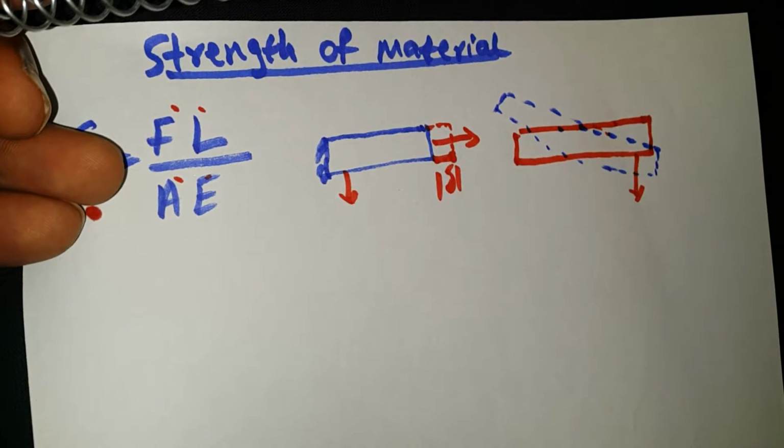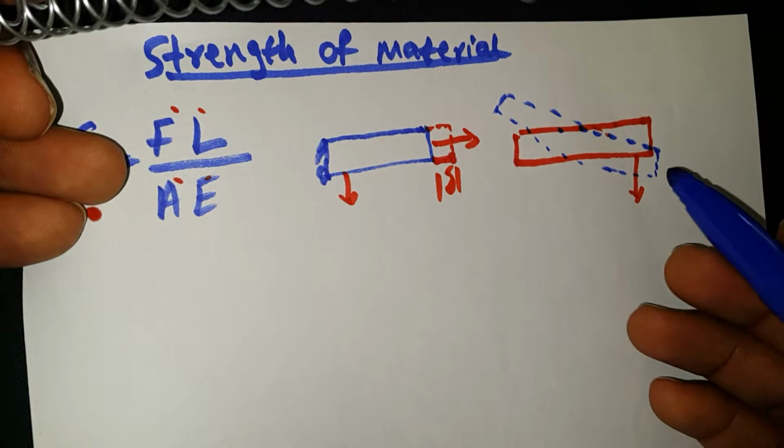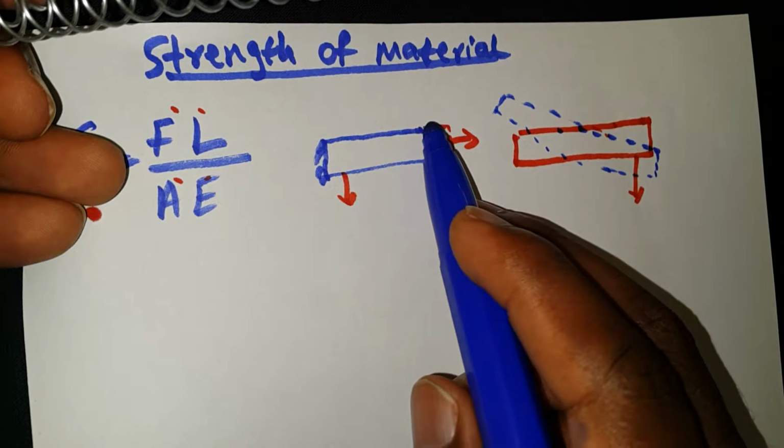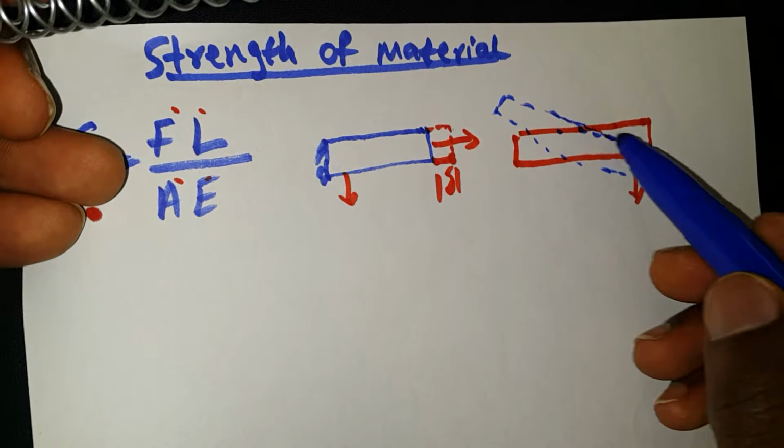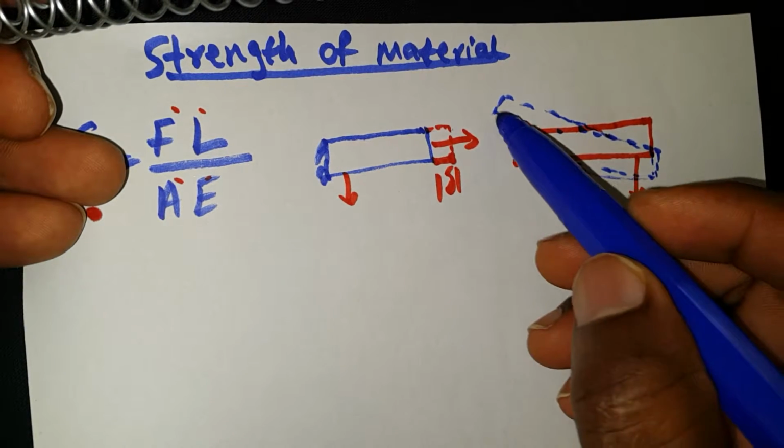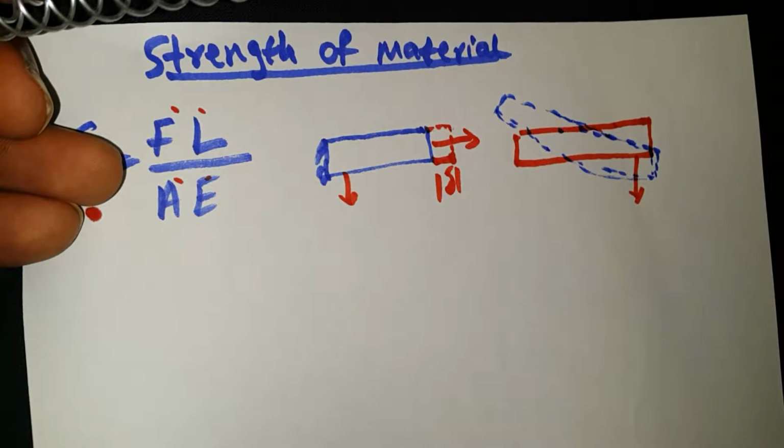You see? But if you apply a force here, it's just going to add length. But if you apply it here, this place will come down and this place will go up.